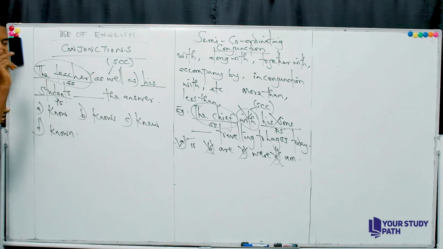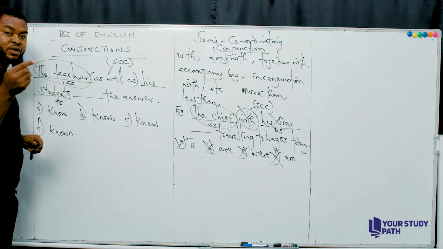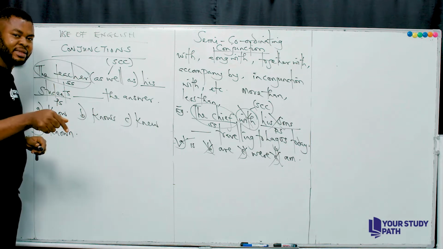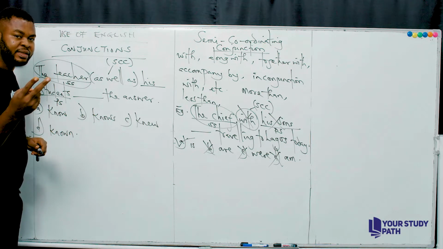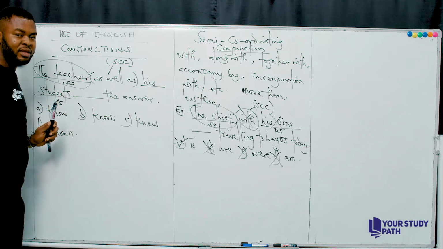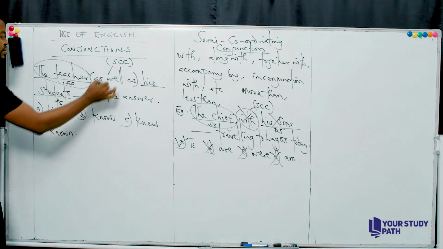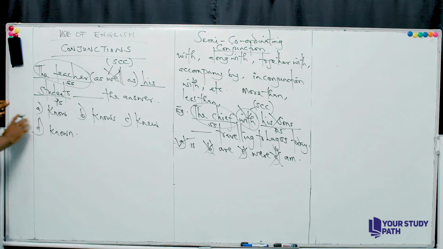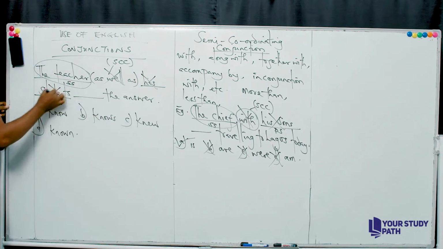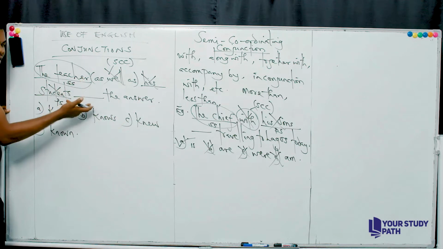Number two, another logic again, is you can eliminate the semi-coordinating conjunction and also eliminate the second subject in order to determine the answer. Let me go by the second strategy. I'm going to eliminate the semi-coordinating conjunction. I'm also going to eliminate the second subject. So what am I left with? The teacher dash the answer.